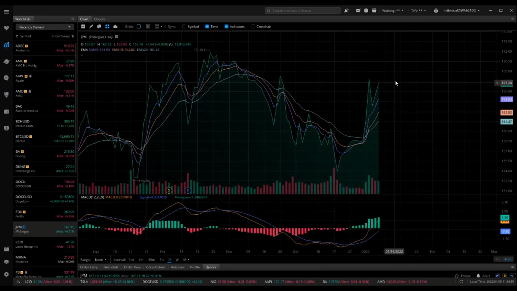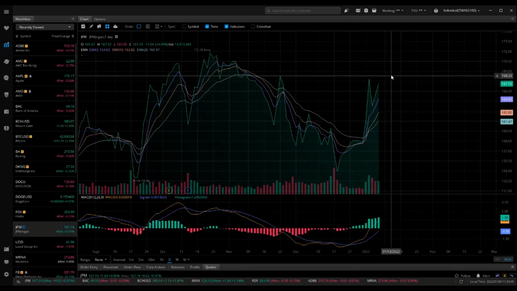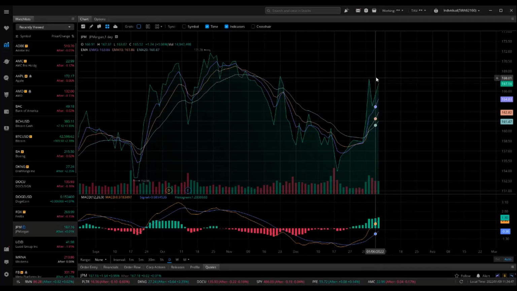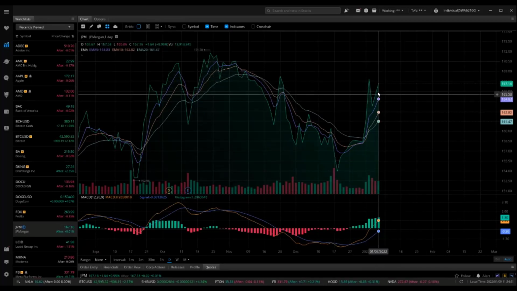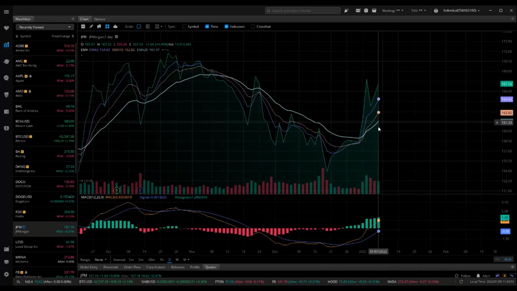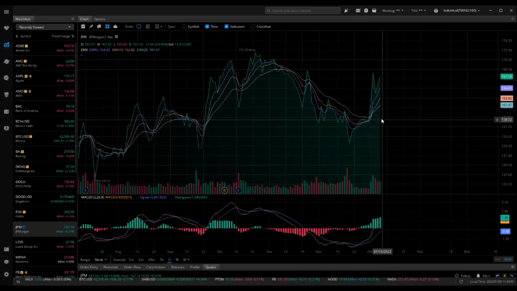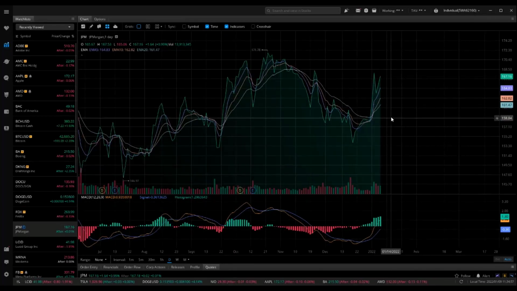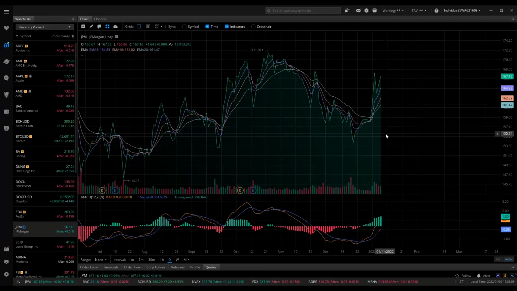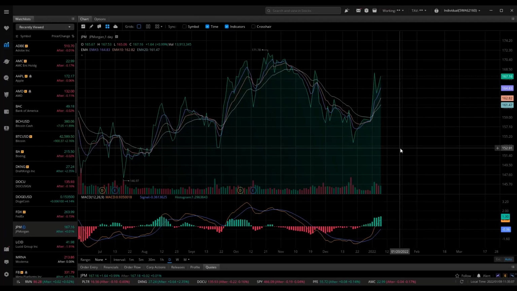It looks like it has a pretty fresh uptrend indication. We're at the first point here. There are usually at least 3 or 4 more high points before it reaches the top. So JP Morgan looks like it's just starting, but it's a good strategy to put all these little pieces of the puzzle together to make a much clearer image.